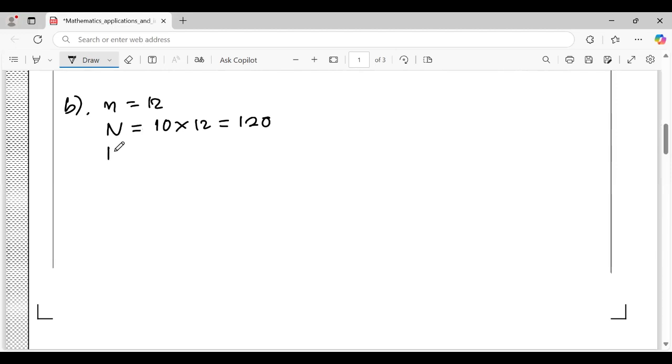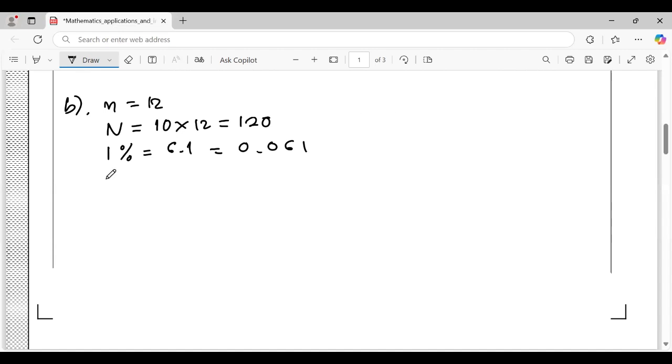And the interest percent is 6.1, or 0.061 because 6.1 divided by 100.